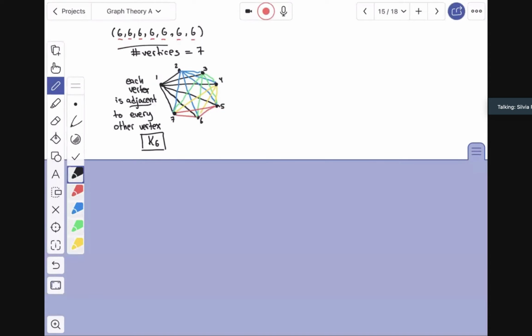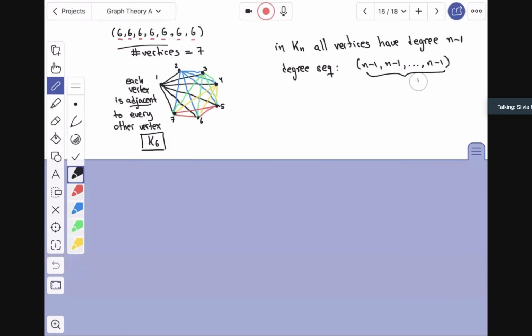And we said that in Kn, all vertices have degree n minus 1. So their degree sequence will be n minus 1, n times, which is exactly the case of that 6666.